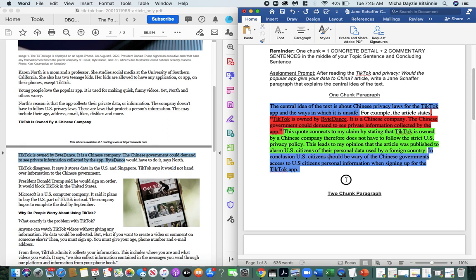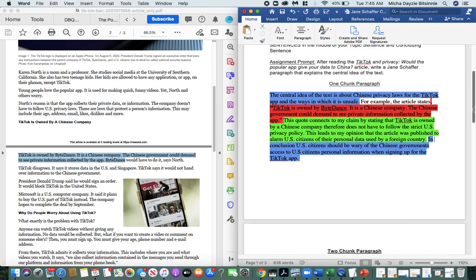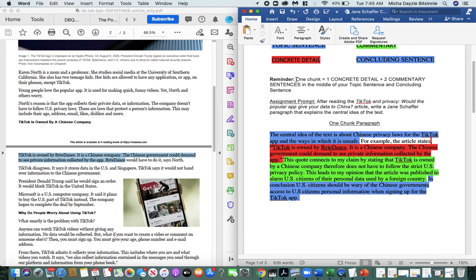All right, now let's move into a two-chunk paragraph. The only difference between a one chunk and a two chunk is this part here. You need to add another concrete detail and two commentary sentences. So right here, reminder, one chunk equals one concrete detail plus two commentary sentences.